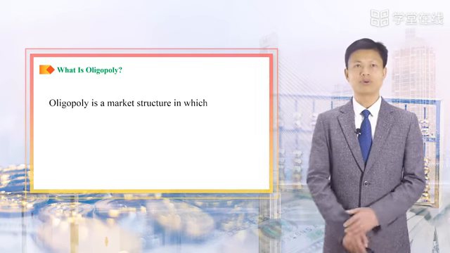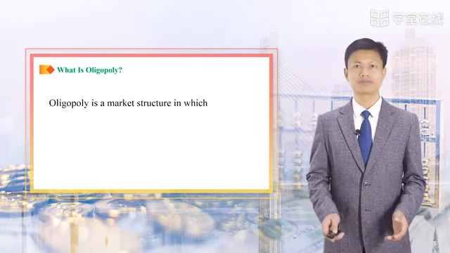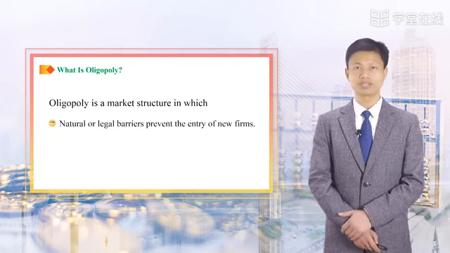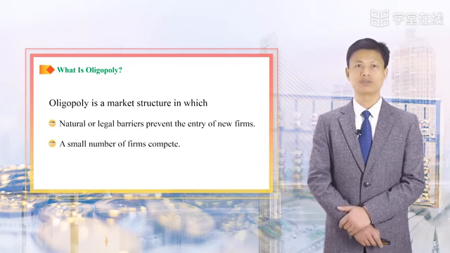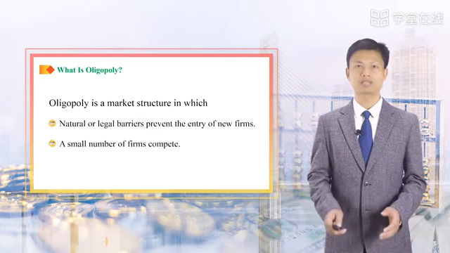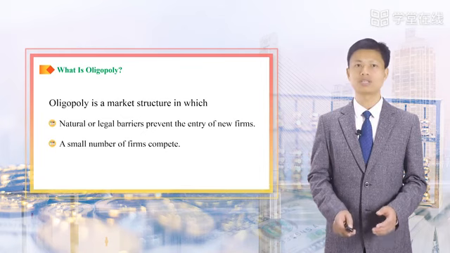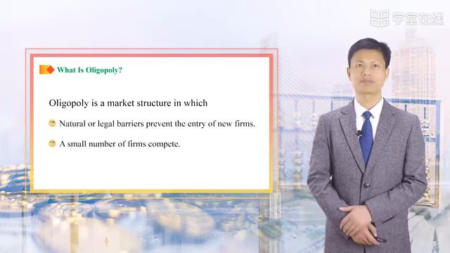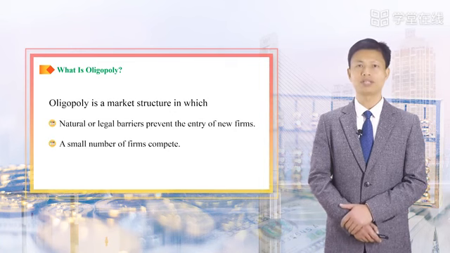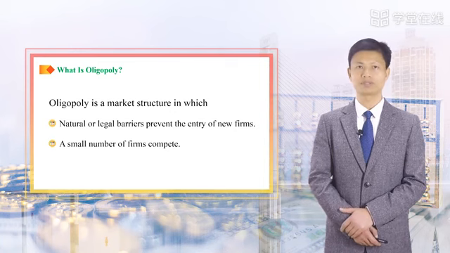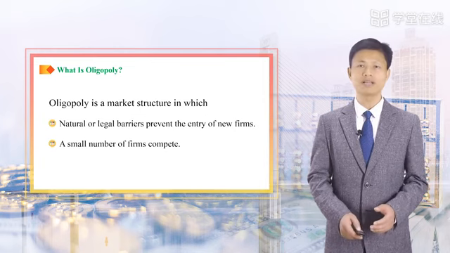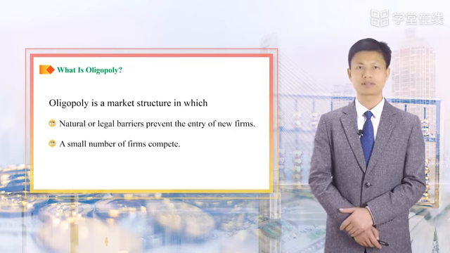Let's introduce two new market structures in this chapter. The first is oligopoly, which refers to a situation in which there are only a few suppliers of a product. Oligopolies can feature either homogeneous or differentiated products. Because in oligopoly there are only a few firms, each firm's profit and profit-maximizing choices depend on other firms' actions.